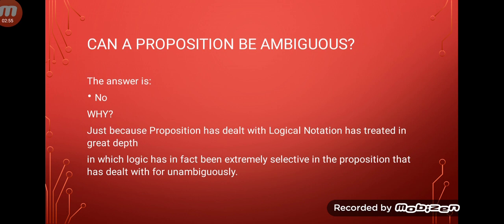The proposition itself is like a simple sentence that has one predicator, and logic has in fact been extremely selective in the propositions it deals with, so that they are unambiguous.